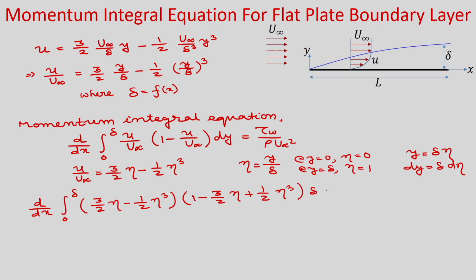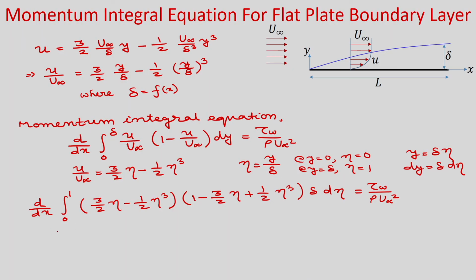So, it will be delta d eta, and this limit will be eta is equal to 0 to 1, okay, and right hand side we have tau w by rho u infinity square. Now, let us find this integral and find the value of delta.